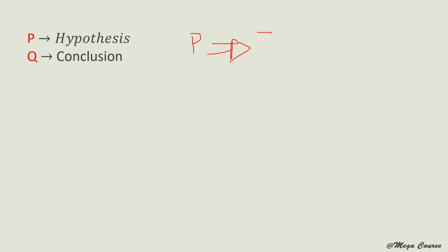In order to understand this more and more, let's talk about it more. In the statement P implies Q, P is the hypothesis and Q is the conclusion.